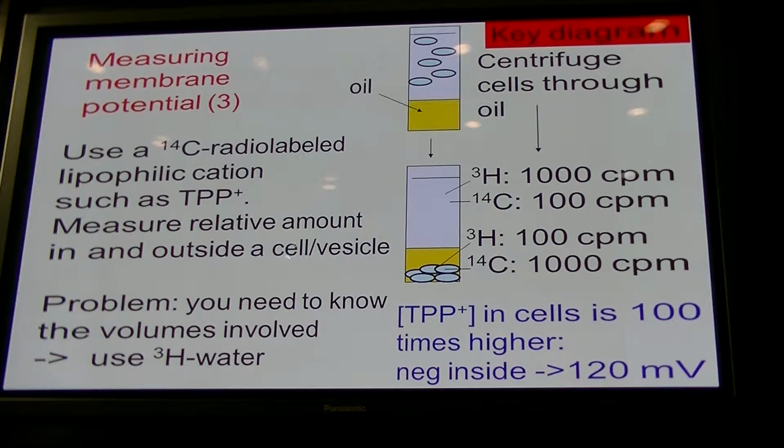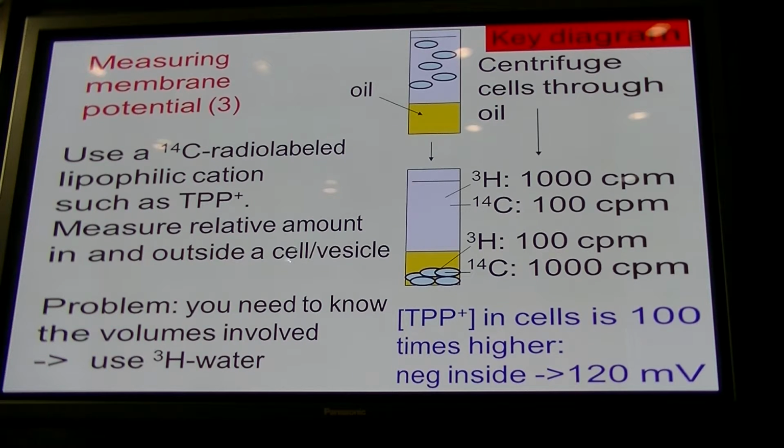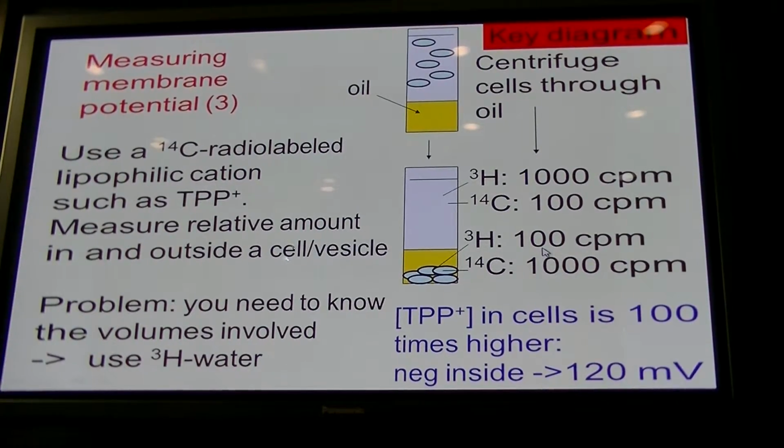We can measure membrane potentials in large cells by directly sticking electrodes in. But if you want to measure the membrane potential over an organelle membrane, maybe the mitochondria, or if you have bacteria which are small, then you cannot do anything with your electrodes. They're just too big. The cells are too small, the compartments are too small.